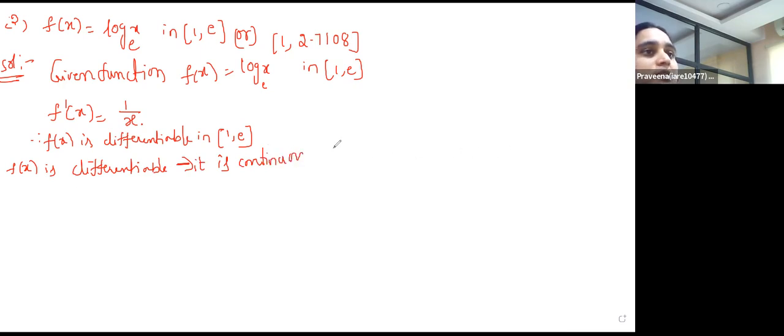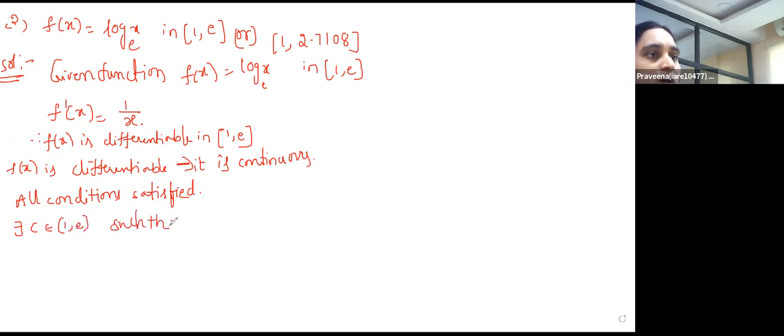If all conditions are satisfied, there exists c belongs to 1 comma e such that, what is the formula of that? f dash of c is equal to what? f of e minus f of 1 by e minus 1. What is f dash of c from the differentiation? That is 1 by c.